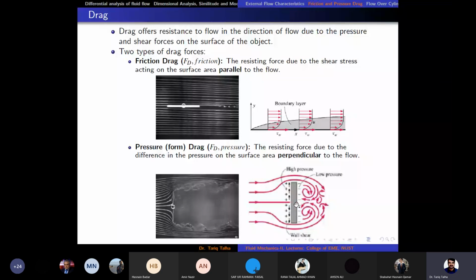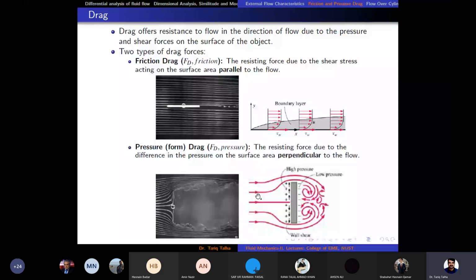This difference in pressure gives rise to a net force acting in the positive x direction. That is the force exerted by the fluid on this body, right? So that is the drag. An equal force would be applied by this object on the floor.